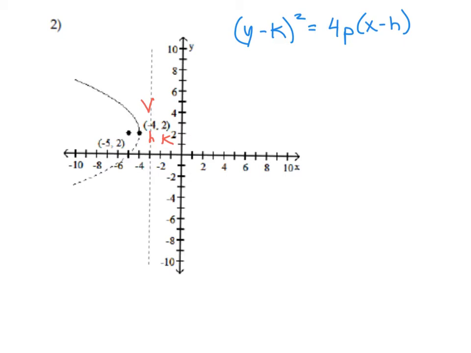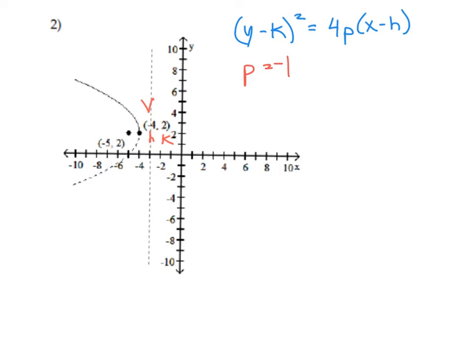Last decision, how far away is the vertex and the focus from each other? I see that the vertex is at (-4, 2), the focus is at (-5, 2), so that means that my p-value must be 1, but it's going to be a -1 because I have to go to the left to get to the focus.